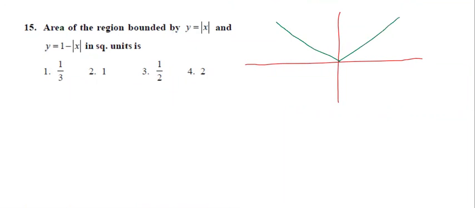Now, what is y is equal to 1 minus mod x? This is the curve, this is the graph, y is equal to 1 minus mod x.